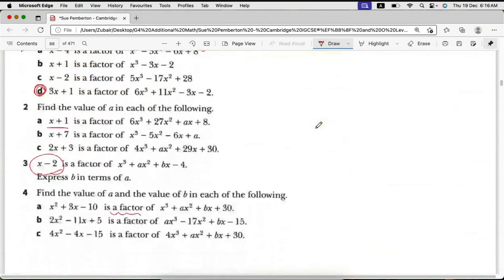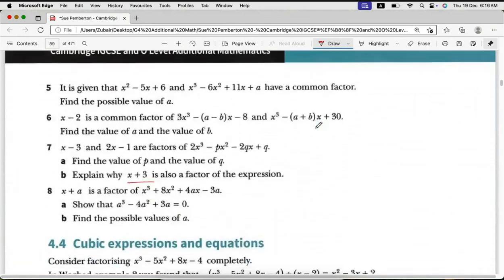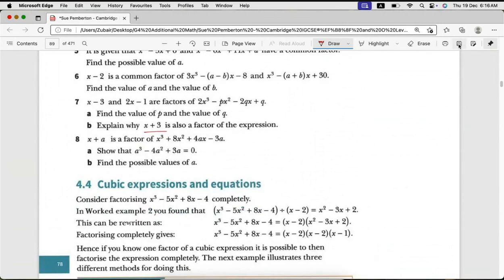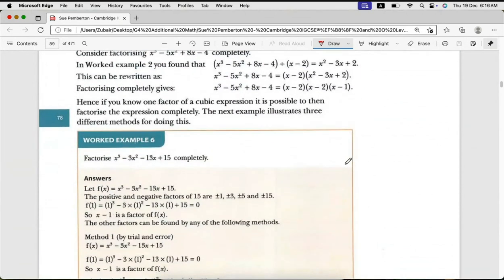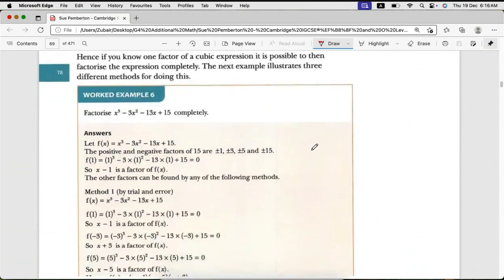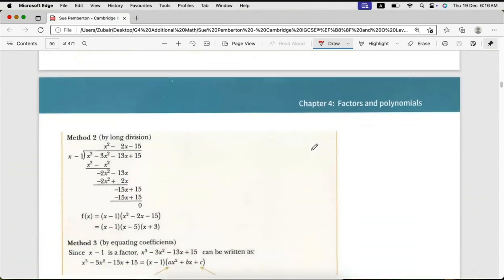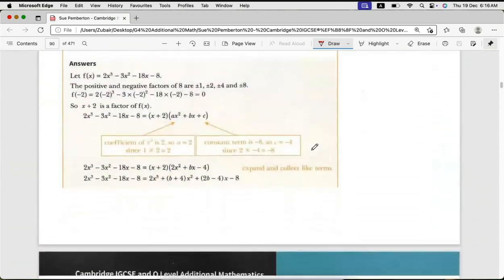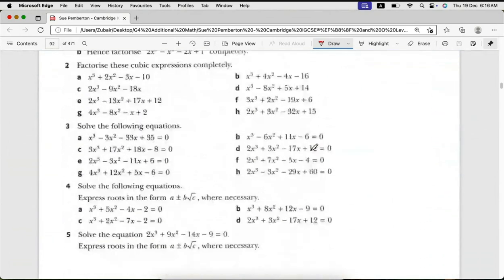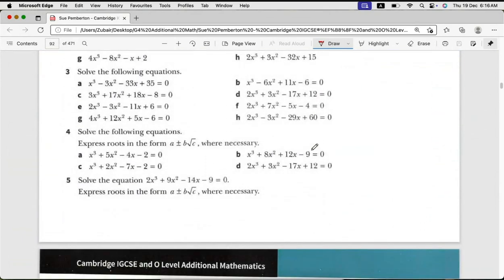So just practice a few questions out of the remaining ones and you'll be good to go. The concept would stay the same for cubic expressions as well, just the difficulty level is increasing. Yeah, sure. We'll just save the time.